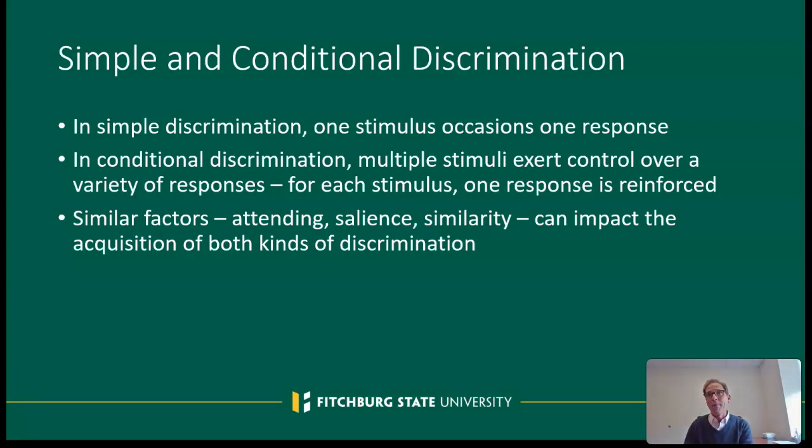And the things to ensure when we are looking to teach discrimination, whether it's simple or conditional, does the learner have the attending skills that they need, and are they attending? How salient is our SD, as well as any stimuli that are required for responding, and how similar are those stimuli to other stimuli, right? Because the better someone is able to attend, the more salient the stimuli are, and initially, the more different those stimuli are, the more likely discrimination is to be formed.